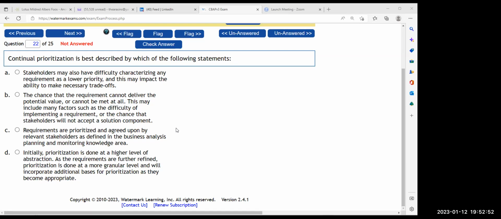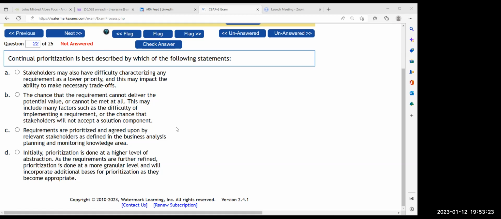Okay, continual prioritization is best described by which of the following statements? Stakeholders may have difficulty characterizing any requirements as a lower priority, and this may impact the ability to make the necessary trade-offs. The chance that the requirements cannot deliver the potential value or cannot be met at all. This may include many factors such as the difficulty of implementing a requirement, or the chance that stakeholders will not accept the solution component.